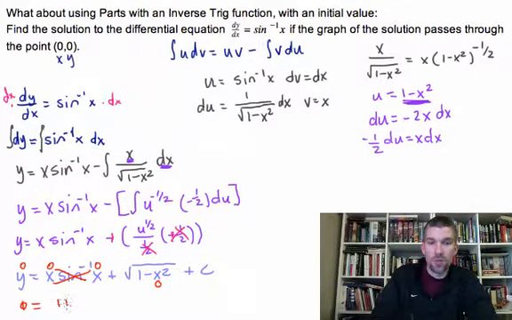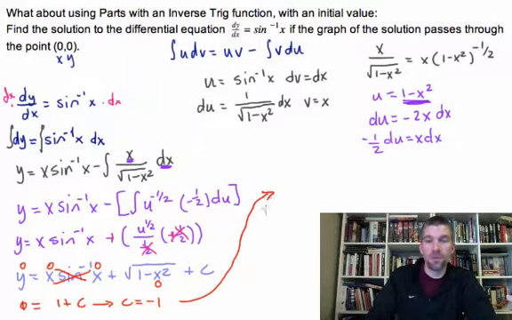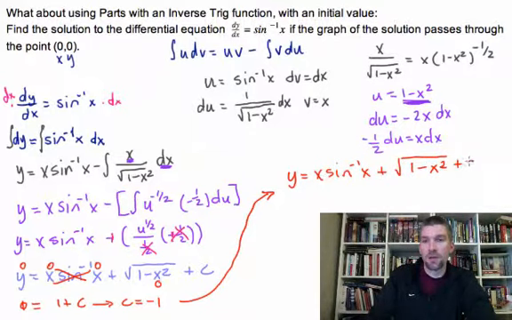So 0 equals 1 plus c. c is going to be -1. So the solution for this differential equation is going to be y equals x times the arcsine of x plus the square root of 1 minus x squared plus c.